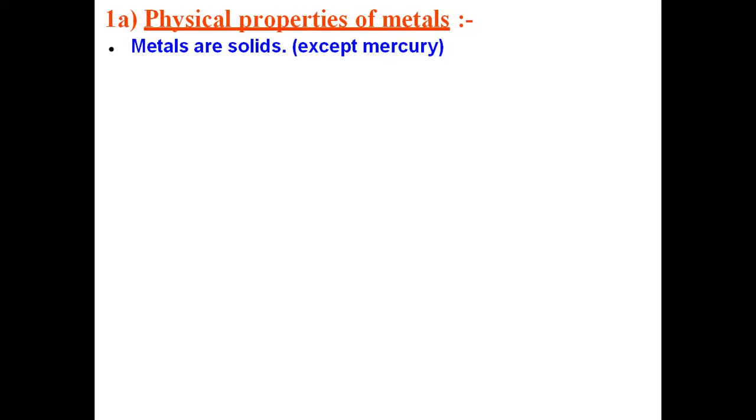Have you heard the term mercury? Yes, mercury is a liquid metal which is present around us. Have you seen the liquid metal mercury? It is black or somewhat grayish in color. It is there in your school lab.